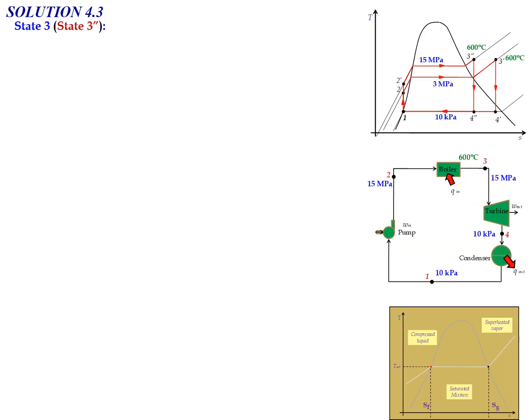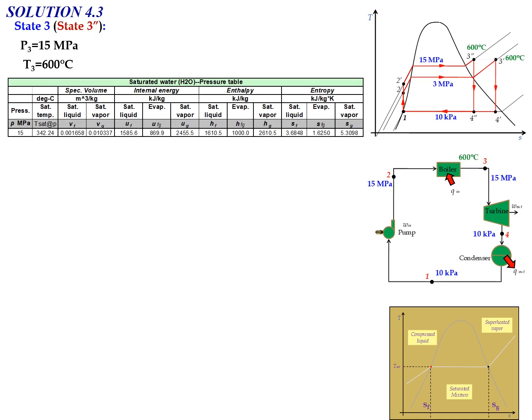Okay, so now for state 3, which is referred to as state 3 double prime. We know that P3 equals 15 megapascal, T3 equals 600 degrees Celsius. If you want to determine the phase, use the saturated water table at 50 megapascal, determine the saturated temperature, and compare with the value of T3.